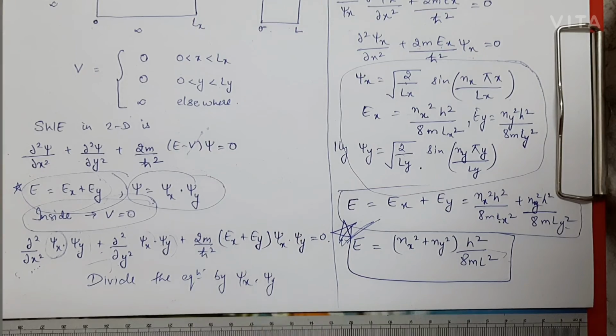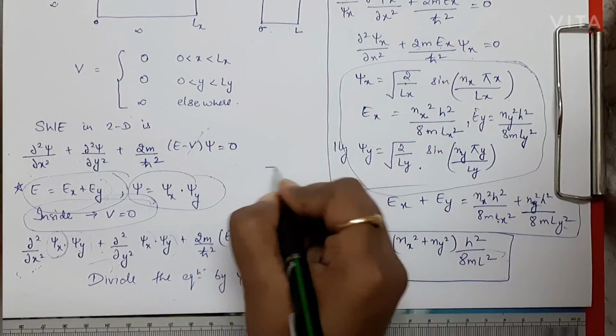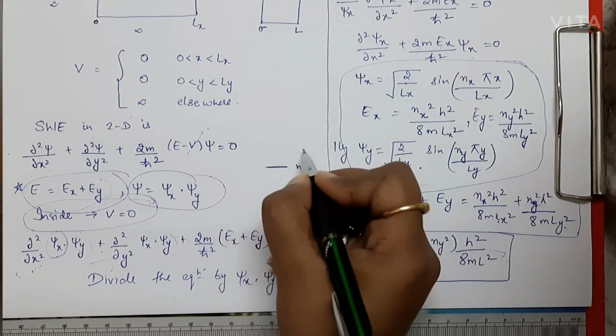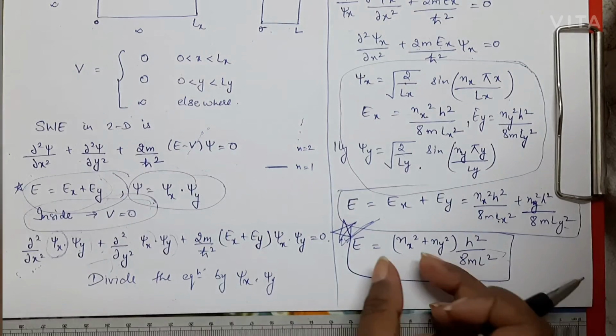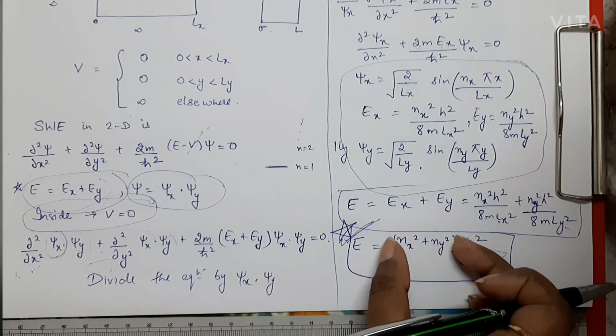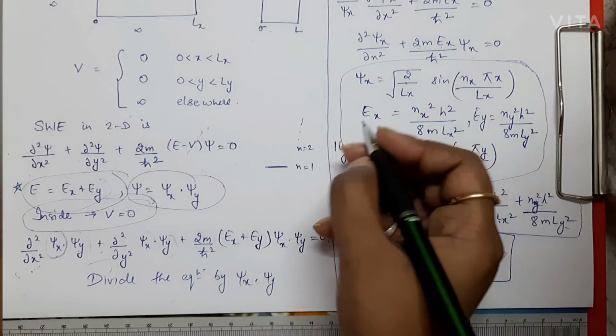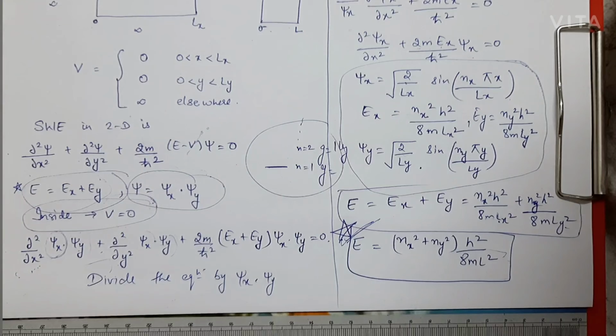Just like in the previous case, plot the energy values for n equals 1, n equals 2, and so on. Also you will find some degeneracy values when you put these nx and ny values differently, so you have to find the g values for them as well. We are going to discuss that part also, but you need to do it by yourself once.